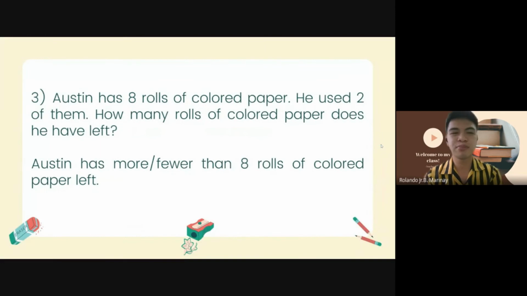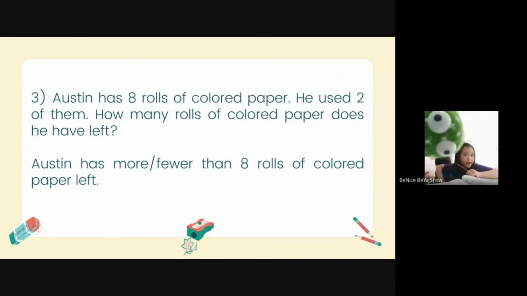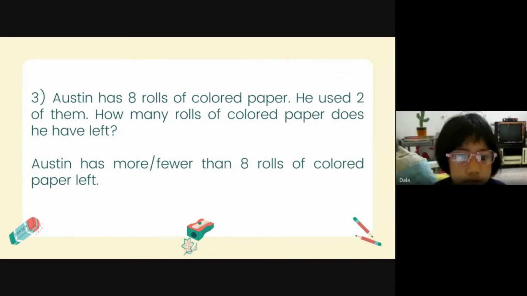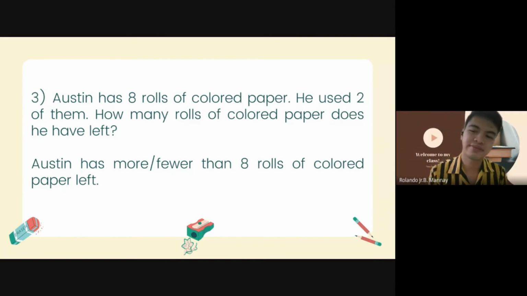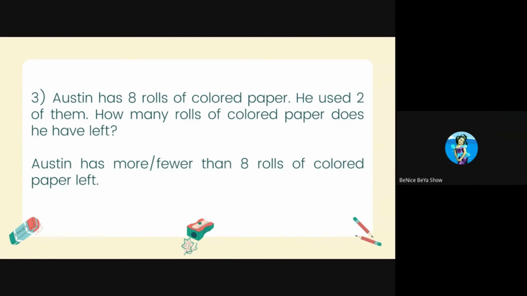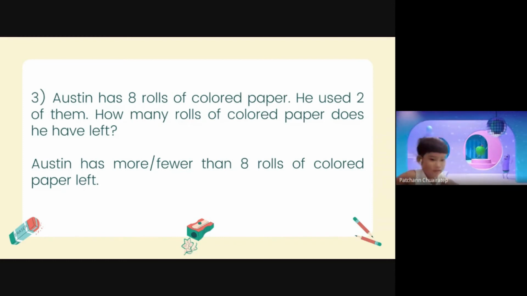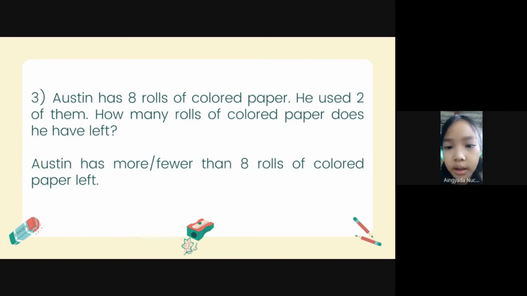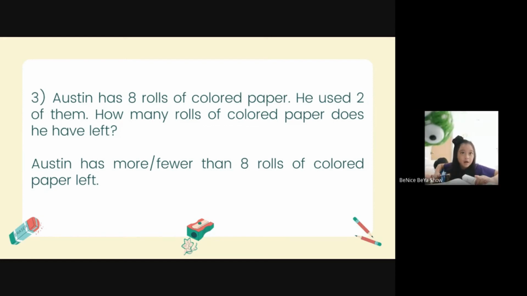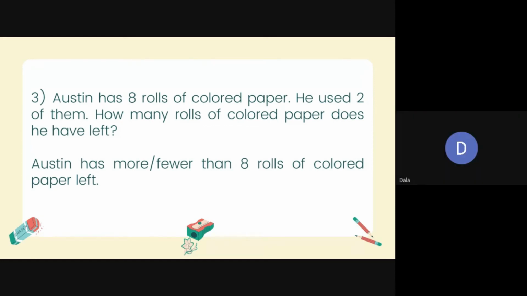Now let's go to number 3. Repeat after me again, kids. Austin has 8 rolls of colored paper. He used 2 of them.